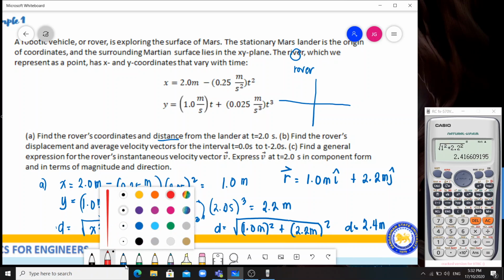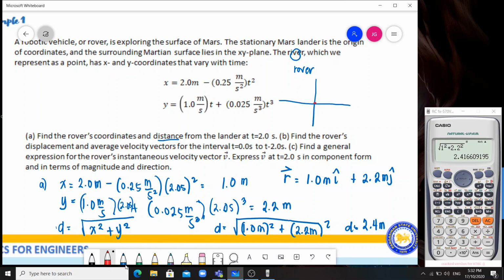Okay. Sabi sa problem, the stationary Mars lander is the origin of coordinates. So, si lander daw is nandito, sa origin, sa 0, 0. Tama ba? Ayan. And then, si rover is merong given na x and y coordinate, which is here.